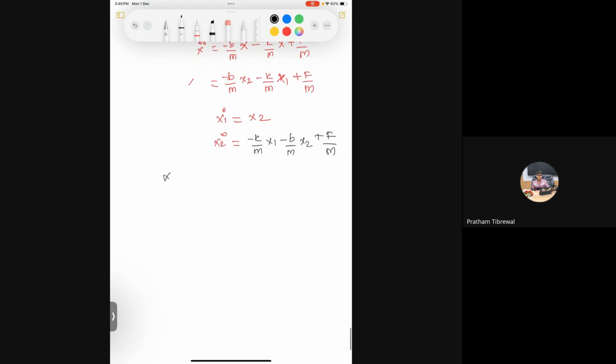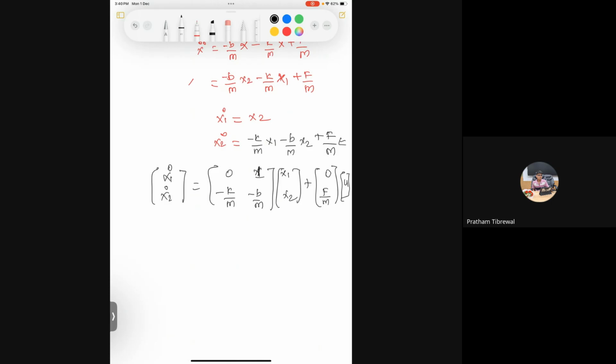Now if I write it in matrix format, x1 dot, x2 dot equal to 0, 1, minus k by m, minus b by m, times x1, x2, plus, this is in the second equation, right? So first will be 0, second will be f by m into u. Only one input we consider, so it is u.